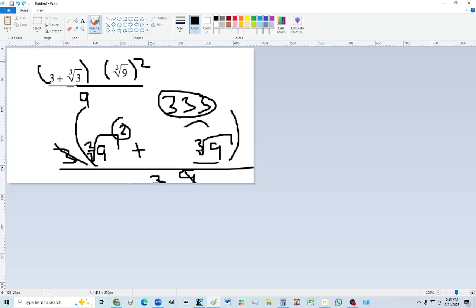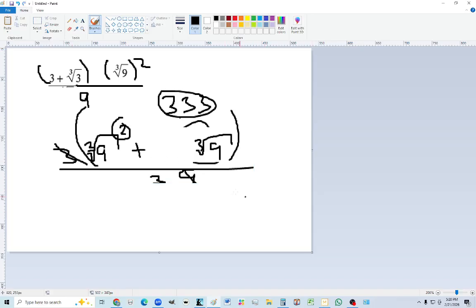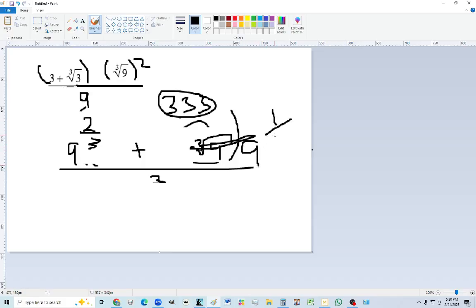The square of cube root of 9 is, well, I'm just going to do it again, cube root of 9 times cube root of 9. Well, let's rewrite it as this. The square of that is 9 to the 2/3 plus 9 to the 1/3.